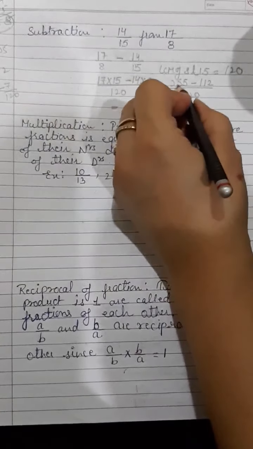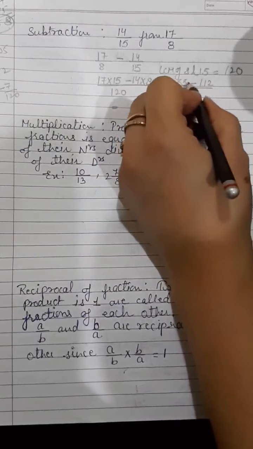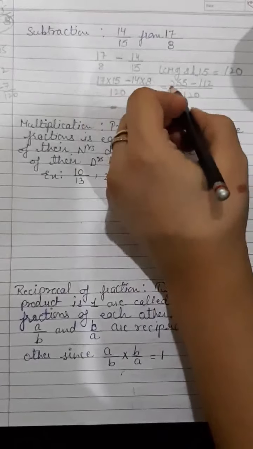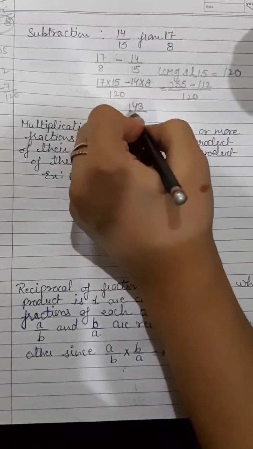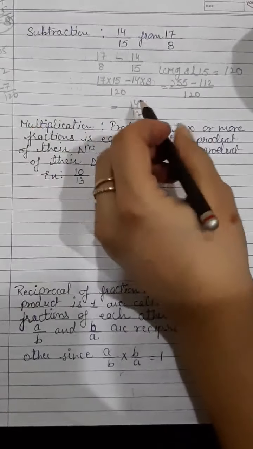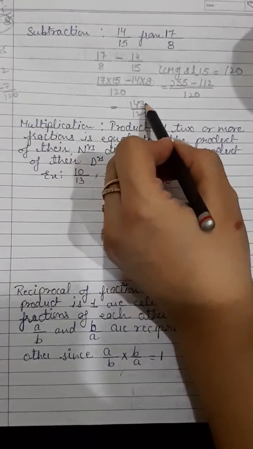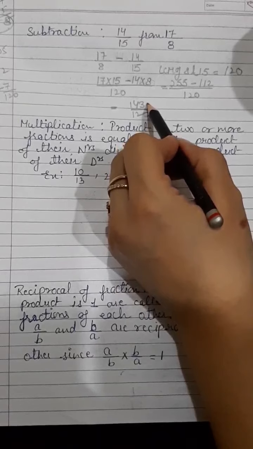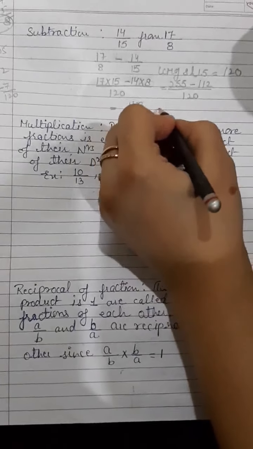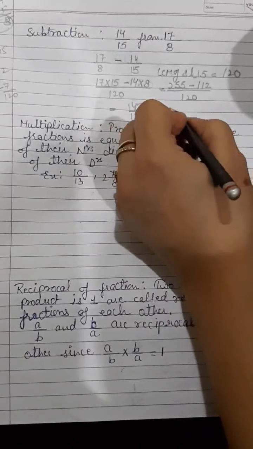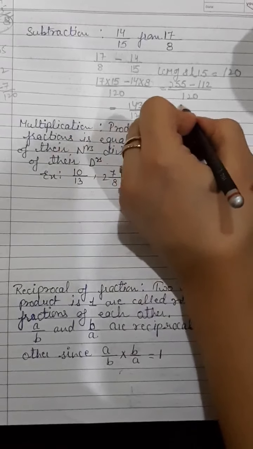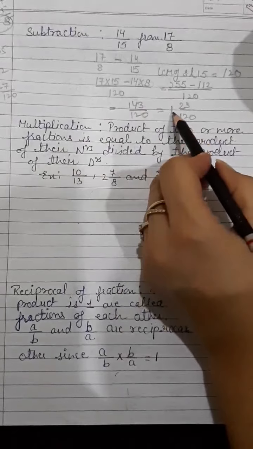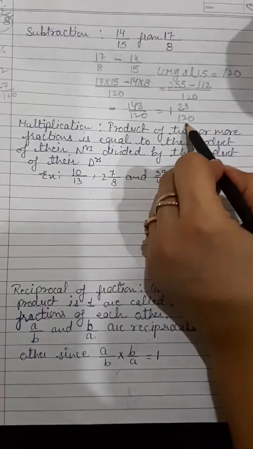Now subtract 255 minus 112: 5 minus 2 is 3, 5 minus 1 is 4, 2 minus 1 is 1, so 143 upon 120. Now don't leave your answer here, because the denominator is less than the numerator, which means the numerator is greater. So you have to convert it into a mixed fraction. 120 ones are 120 and 23 by 120. So the answer will be 1 whole 23 by 120.